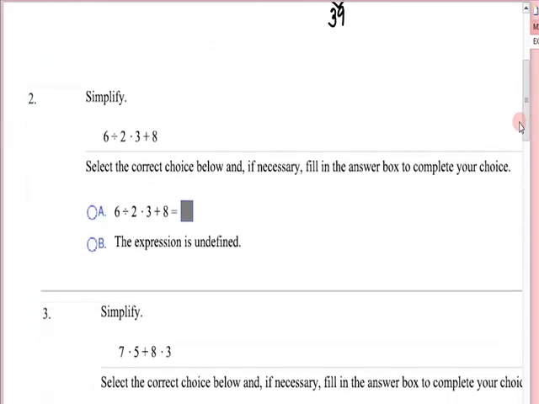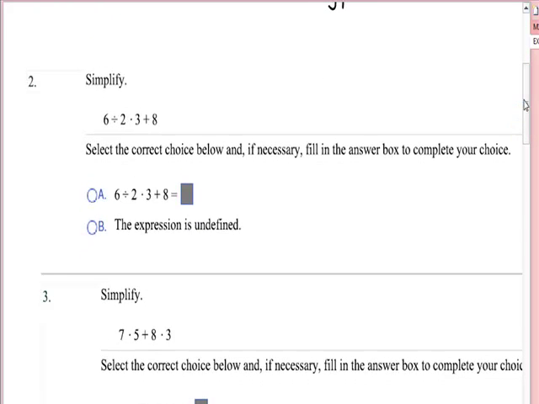All right, number 2. Let's look at this expression. I have 6 divided by 2 times 3 plus 8. Okay, parentheses, none. Exponents, none. Multiplication or division, yes, I have both of those, but I handle them left to right. So I will do this division first. 6 divided by 2 is 3.